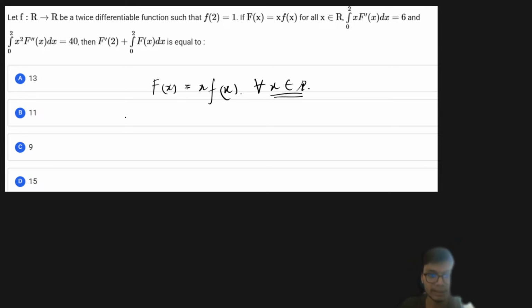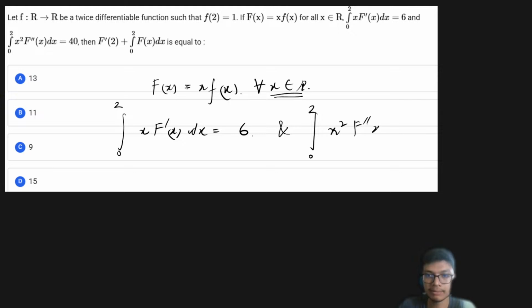Now it is said that the integral from 0 to 2 of x into f dash of x dx is equal to 6, and the integral from 0 to 2 of x square capital F double dash of x dx is going to be equal to 40.